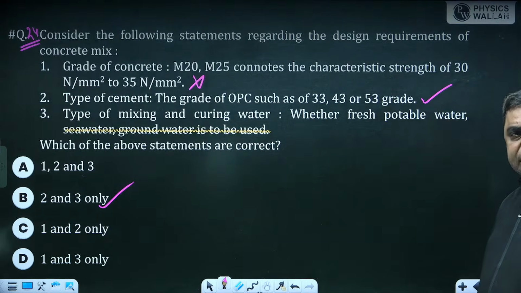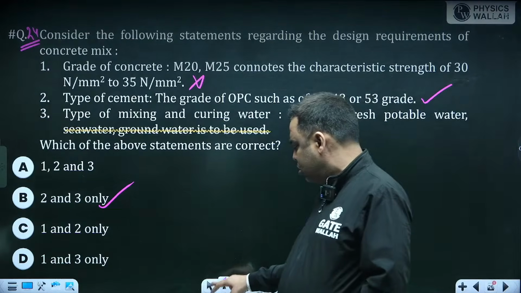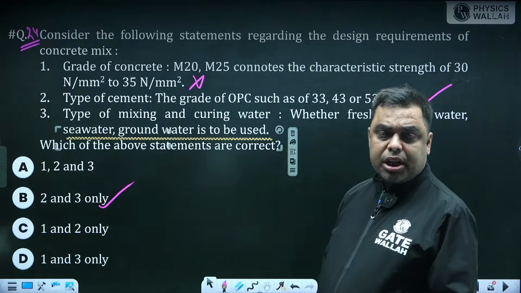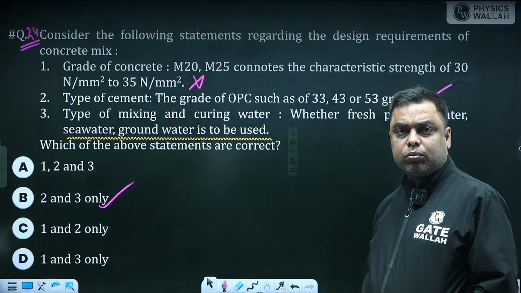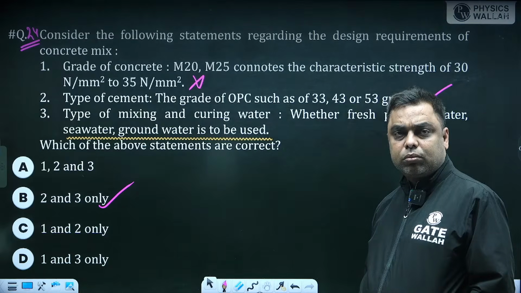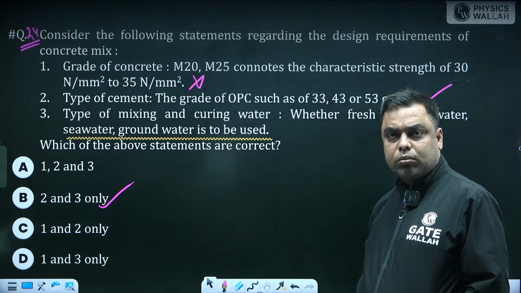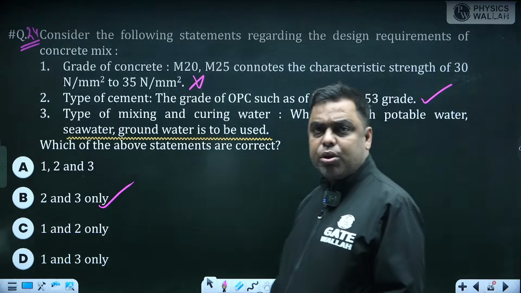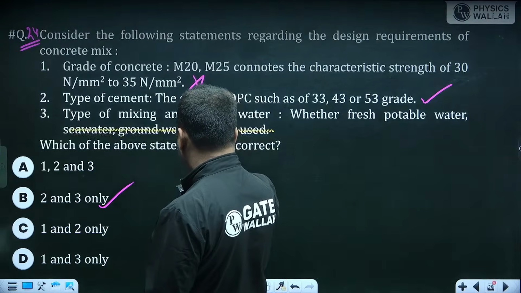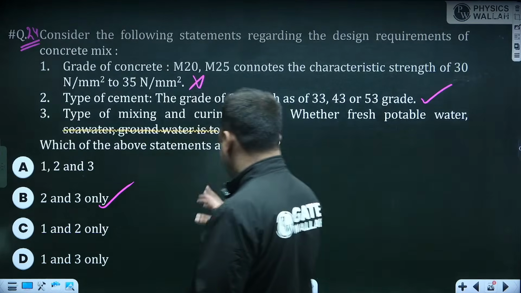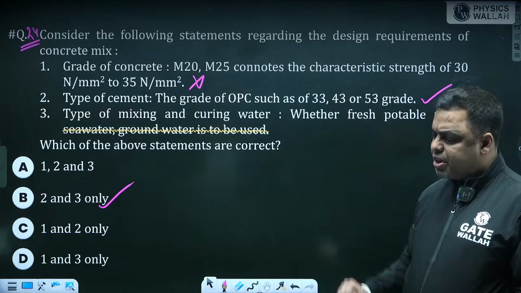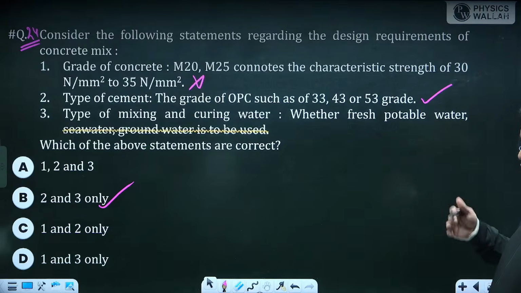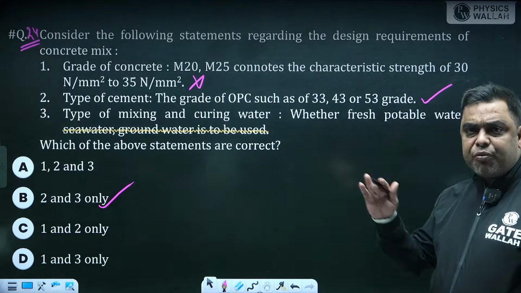Yes or no? Yesterday we discussed sea water is not allowed. And groundwater is allowed if it fits the parameter, because groundwater may have too much iron and that is harmful.